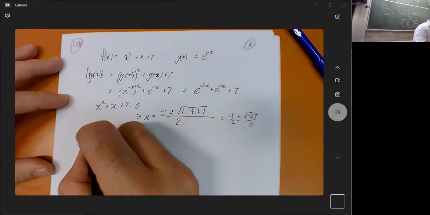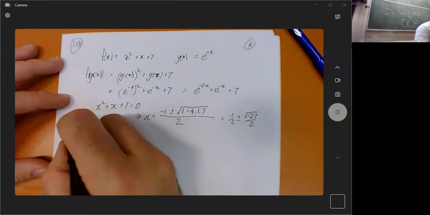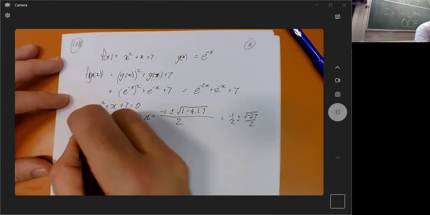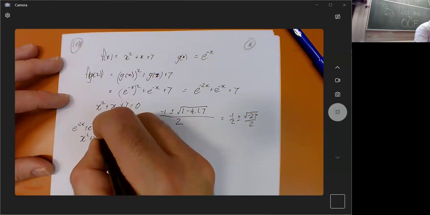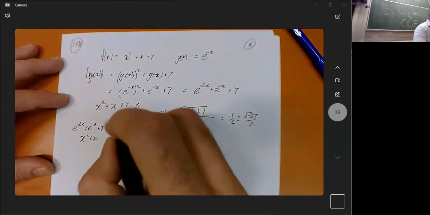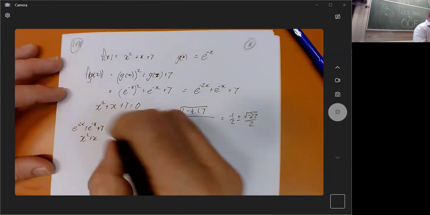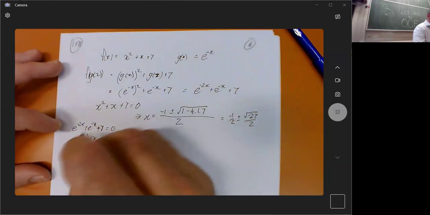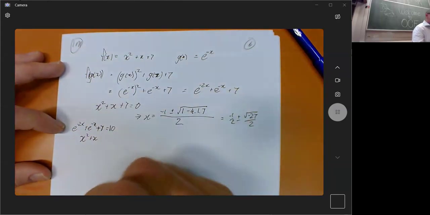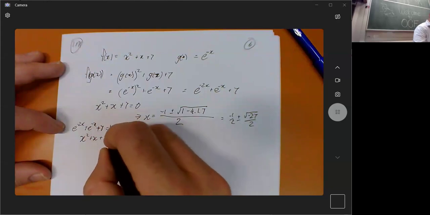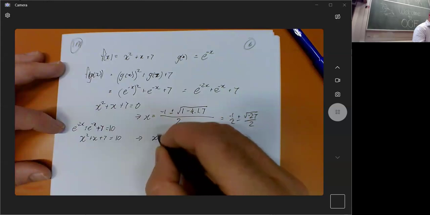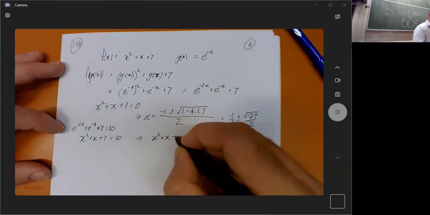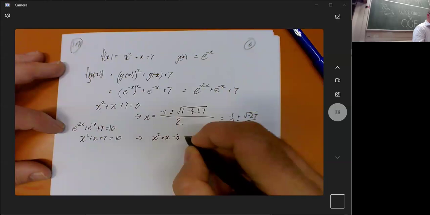So if I have e to the minus 2x plus e to the minus x plus 7 plus 7 is equal to 0, it's not going to happen. So I'm going to say 10. All right, and that's going to get me x squared plus x minus 3 is equal to 0.